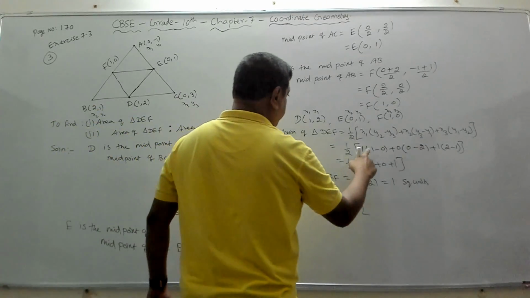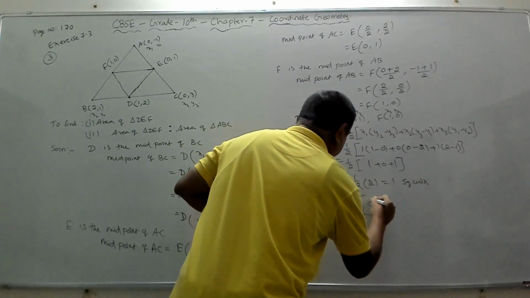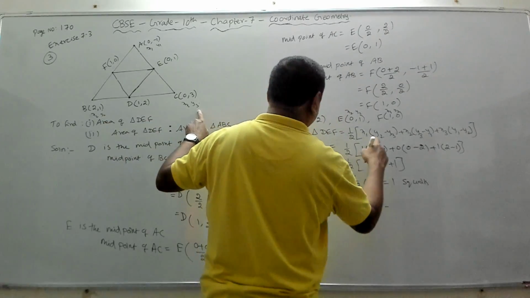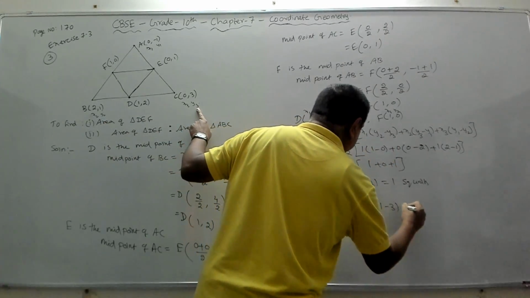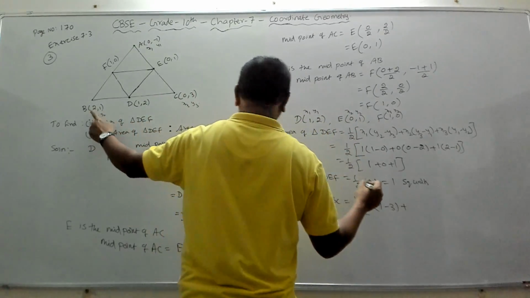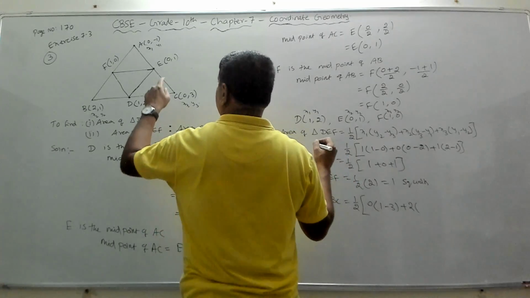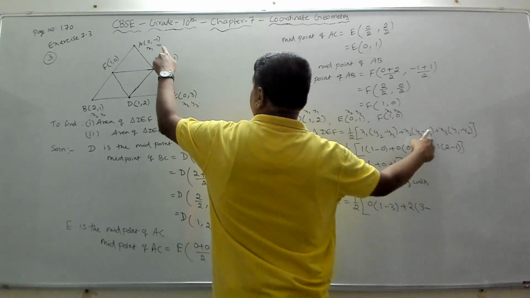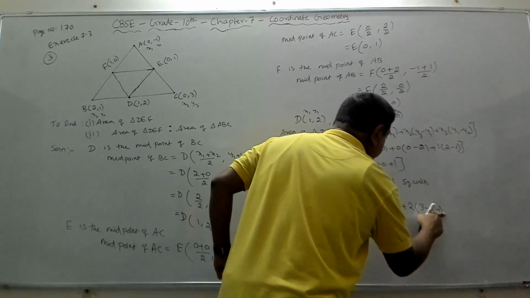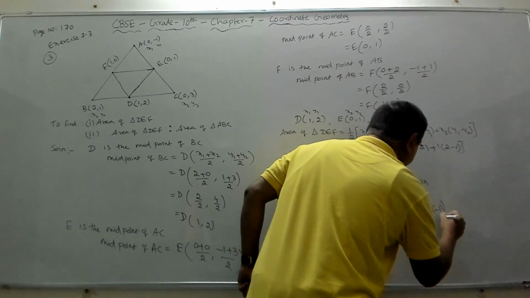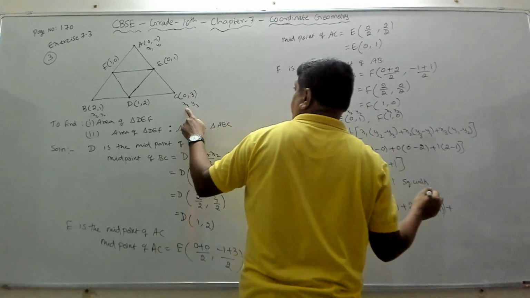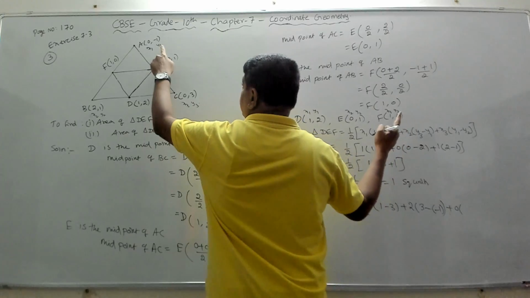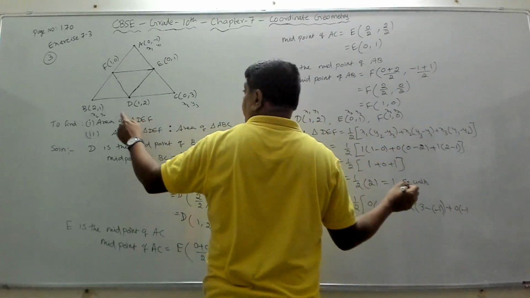So 1 by 2 of x1, x1 is 0, into y2 minus y3, y2 is 1 minus y3, y3 is 3, then plus x2, x2 is 2, into y3, y3 is 3, minus y1, y1 is minus 1, so minus of minus 1, plus x3, x3 is 0 again, into y1 minus y2, y1 is minus 1, y2 is minus 1.